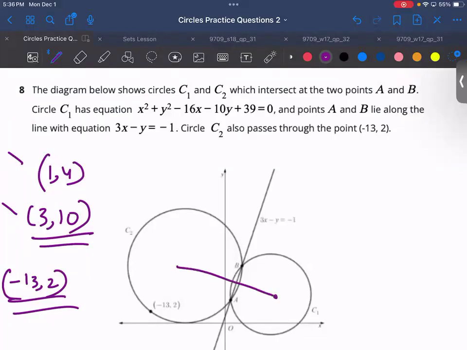I don't know. What can I do to find this? How can it be done? Think everyone.